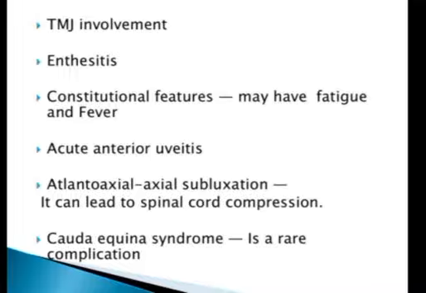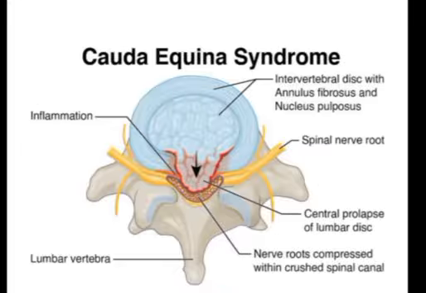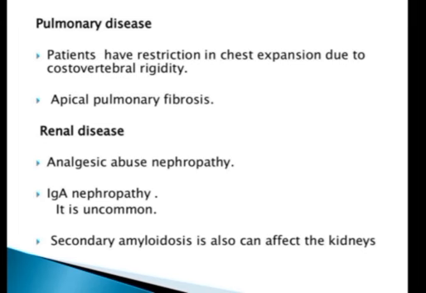Next, TMJ involvement. The constitutional features may include fatigue and fever, acute anterior uveitis, and atlantoaxial subluxation. It can lead to spinal cord compression and cauda equina syndrome, which are rare complications. In pulmonary disease, patients have restriction in chest expansion due to costovertebral rigidity, and apical pulmonary fibrosis.